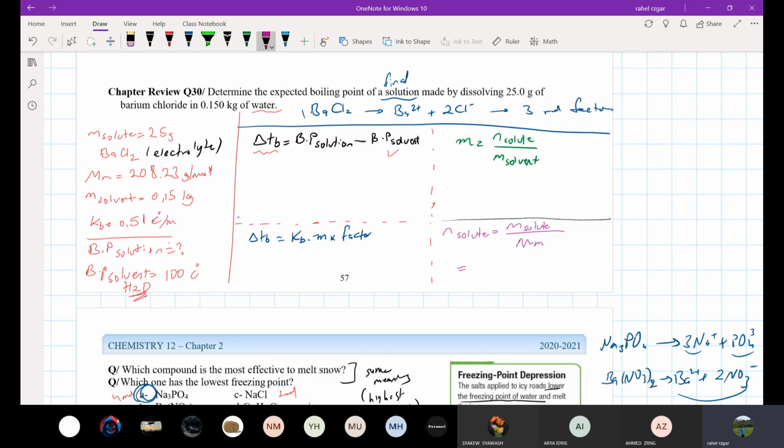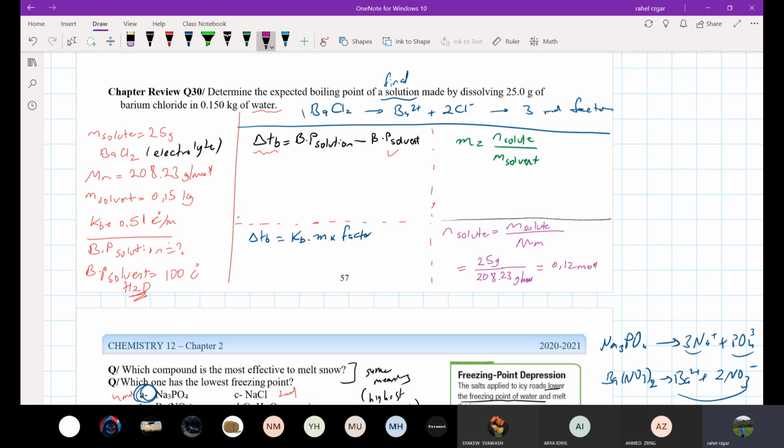Let me open the calculator. Mass of solute is 25 grams, divided by the molar mass, 208.23 grams per mole. Okay. Now, 25 divided by 208.23 is 0.12.